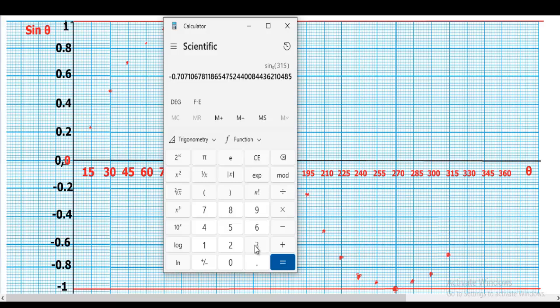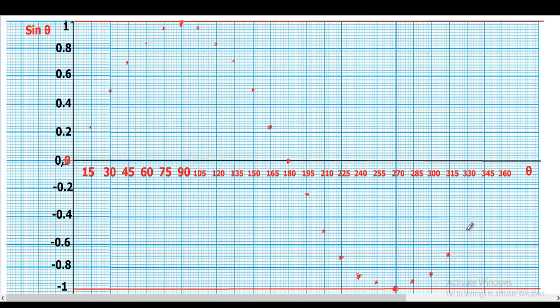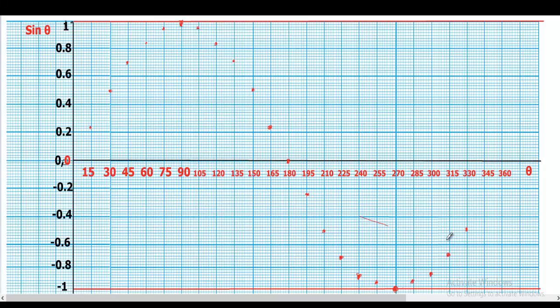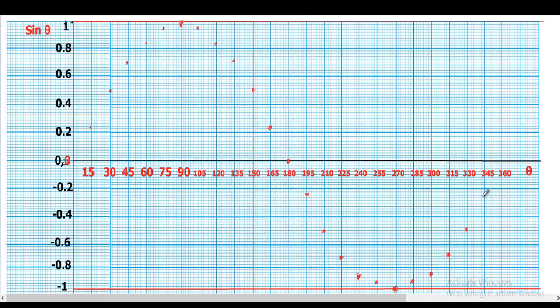Then sine 330 would be negative half, exactly at this point. Then sine 345 would be negative 0.25 at this point.